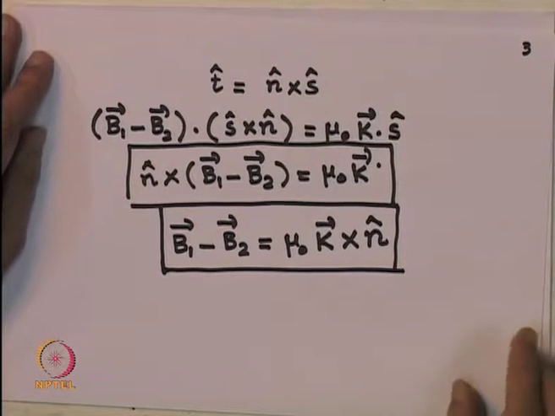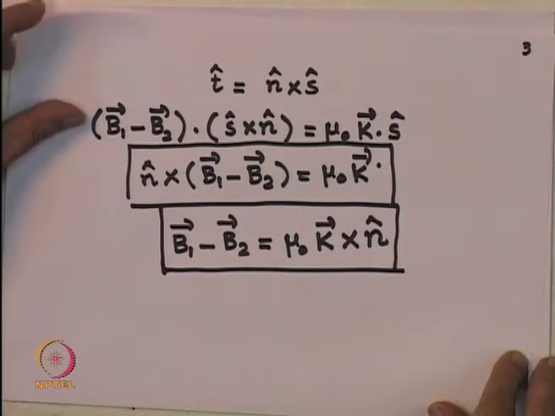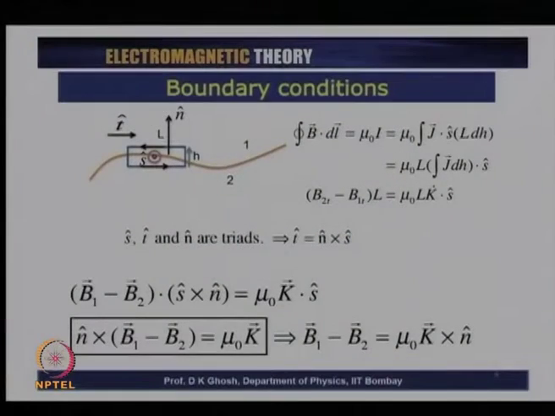What I want to do now is to use this to find out the corresponding boundary condition on the vector potential A. We had seen, because of the use of the Coulomb gauge, since del dot A is equal to 0, the normal component of A was continuous.